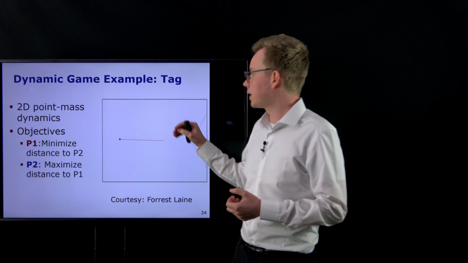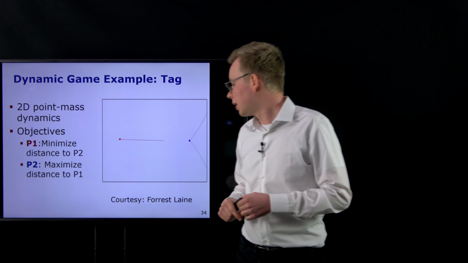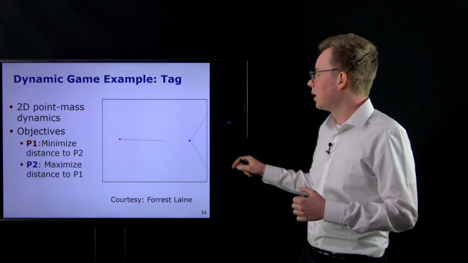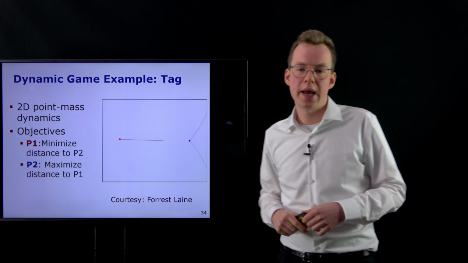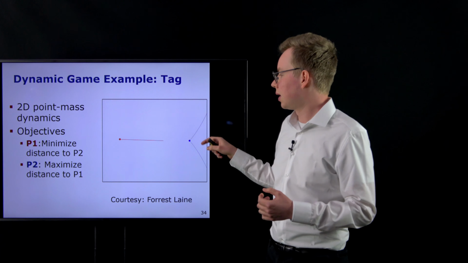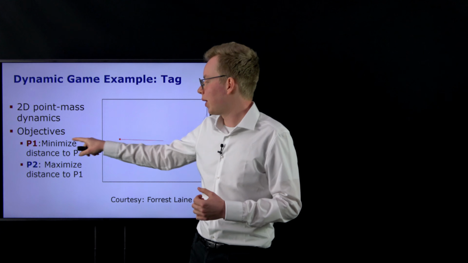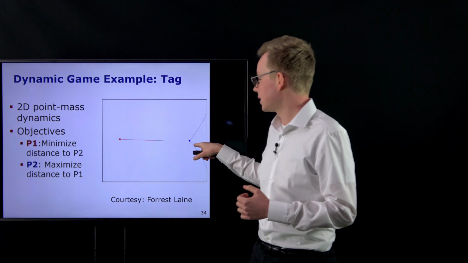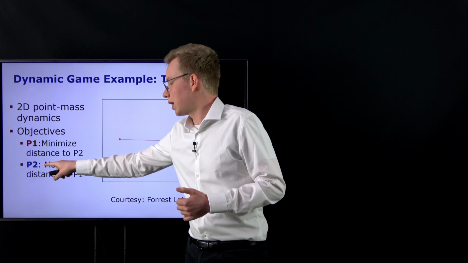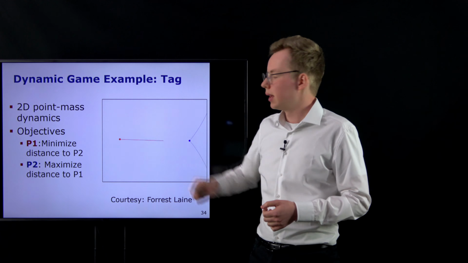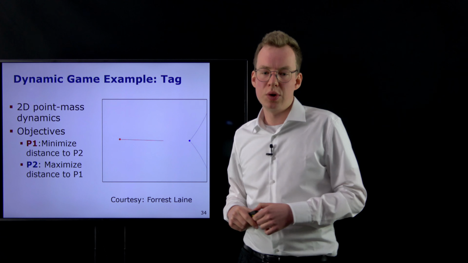The first example is this toy example from Forrest Laine that he has used to encode a tag game. So two players playing tag, where the objective of player one is to minimize the distance to the blue player, and the objective of player two is to maximize the distance. So red is the chaser and blue is the evader.